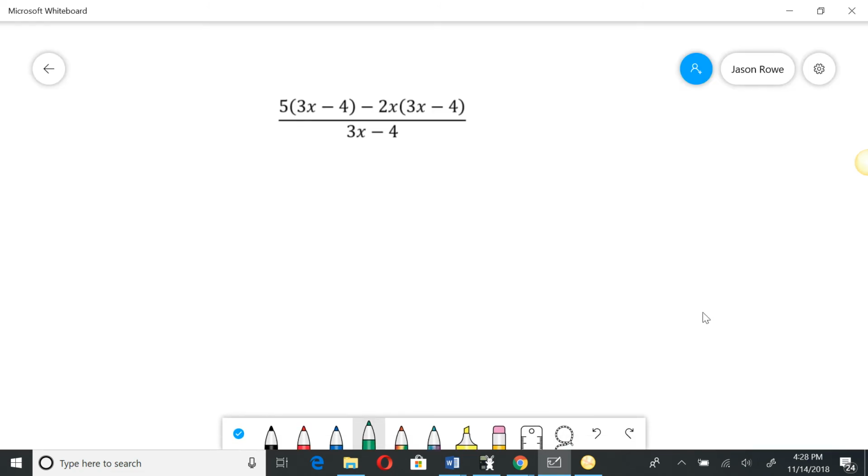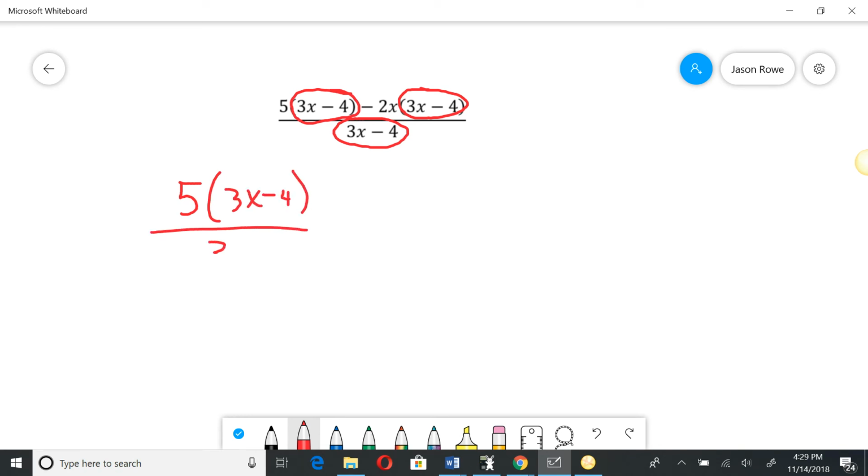And the last example. Now, this one looks like it's the most difficult thing in the world, but it's really probably the easiest one of the lesson, because if you look, all of these things are exactly the same. So now if I separated it like I did the last examples, look what happens.